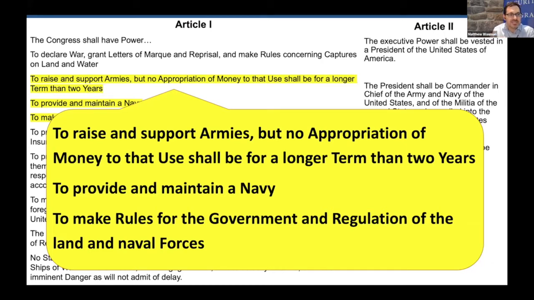Only money that Congress appropriates to the Treasury can be spent. So without any new legislative appropriations, the Army would simply run out of money after 2 years unless Congress replenishes it. There's nothing militarily efficient about this at all. This is a check on military power.